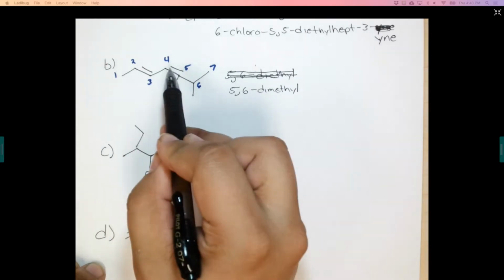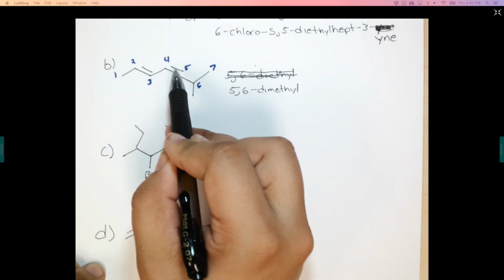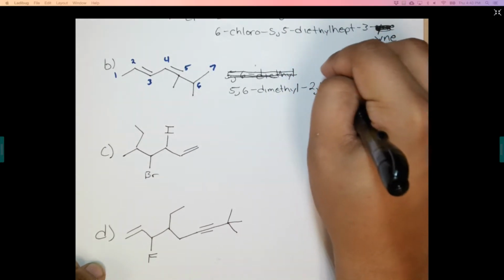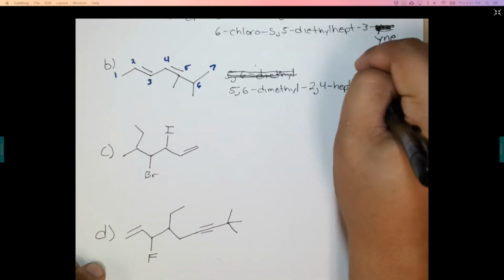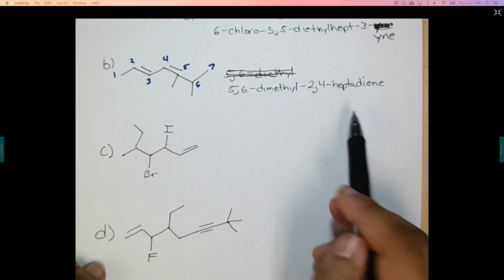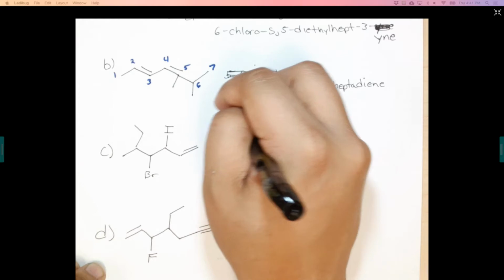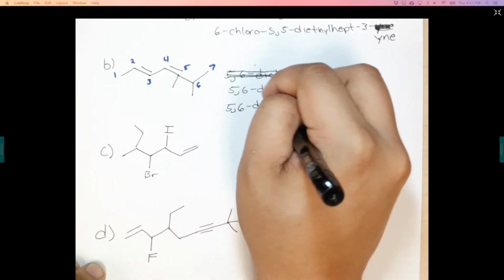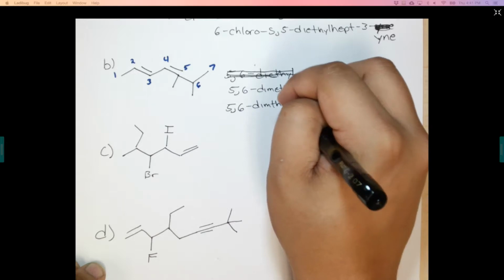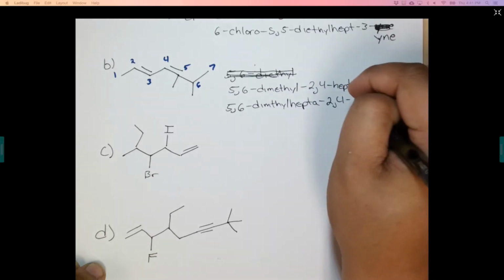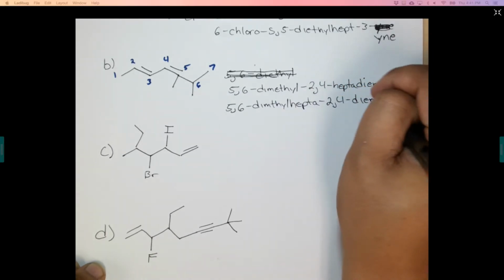And then we have 2,4-heptadiene, where the di is because we have two double bonds, right? Now you can also write this 5,6-dimethylhepta-2,4-diene. Both of these will be acceptable.